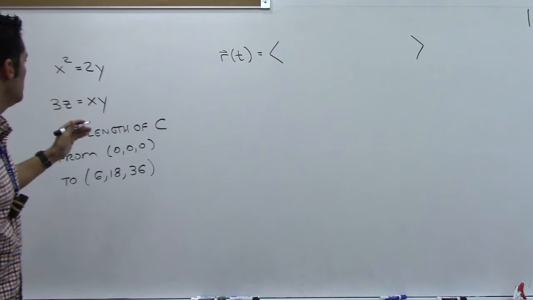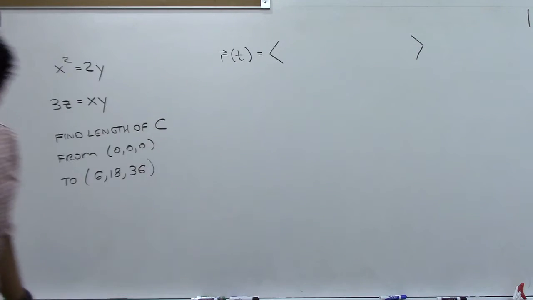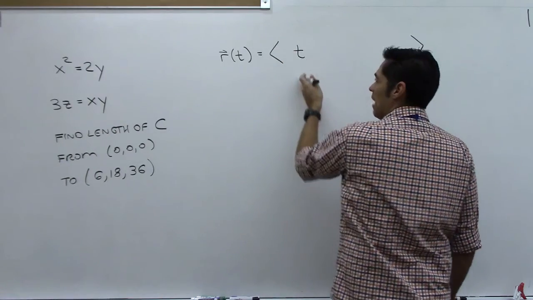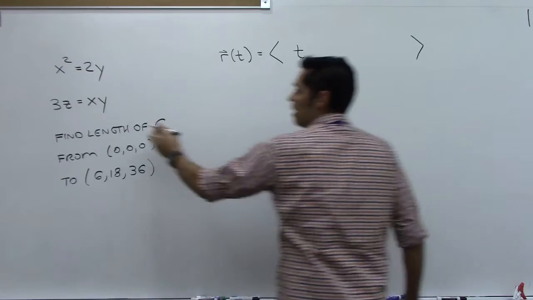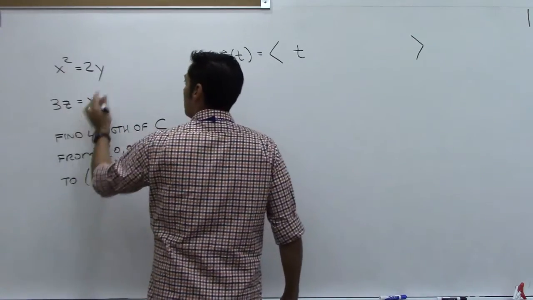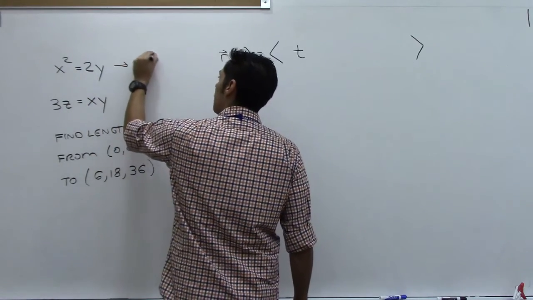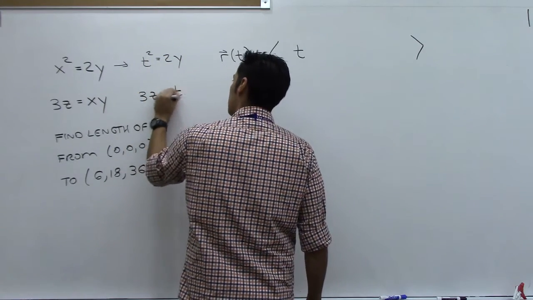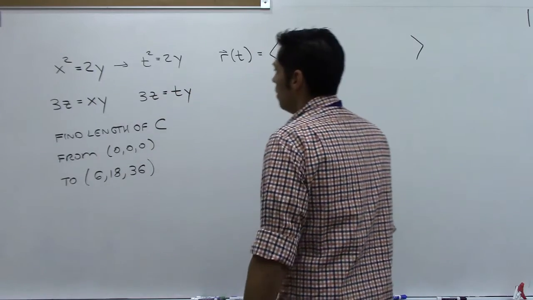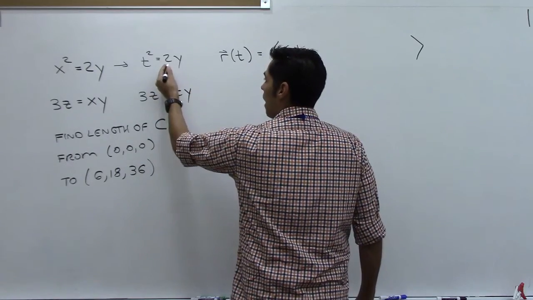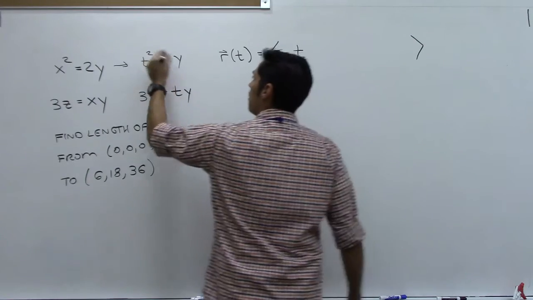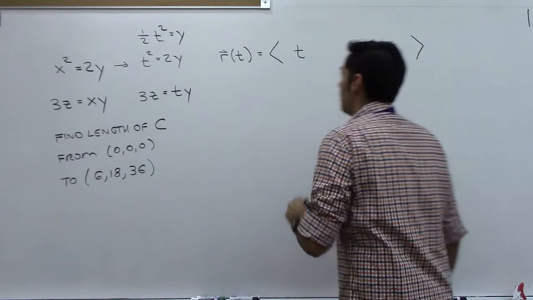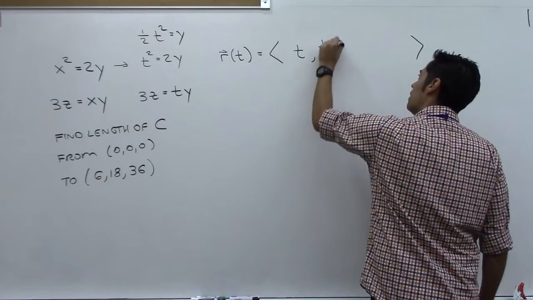let's just let the x component be t, okay? So t is really like the x. So imagine that each of these x's is really a t. So this would become t squared equals 2y, and this would become 3z equals ty. Well, on this first one, I can solve for y, so I get y = 1/2 t squared.